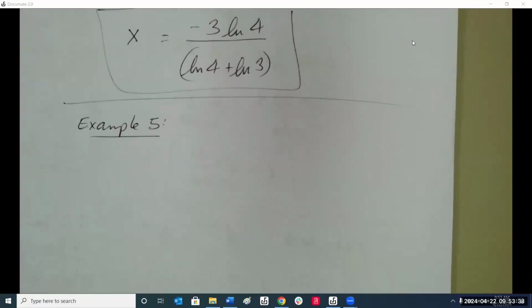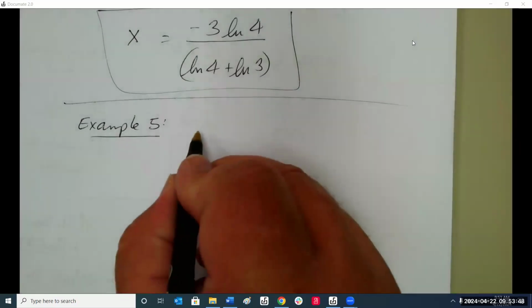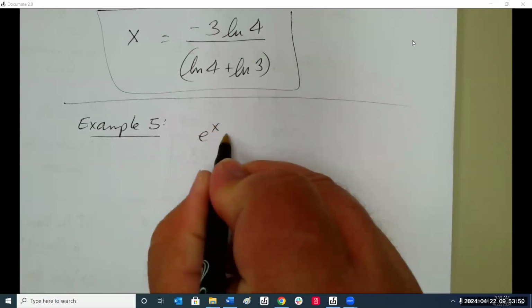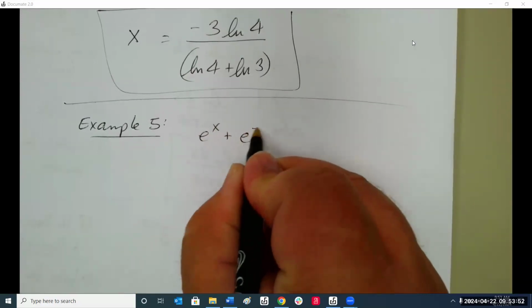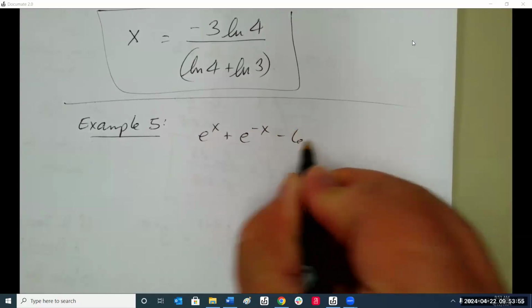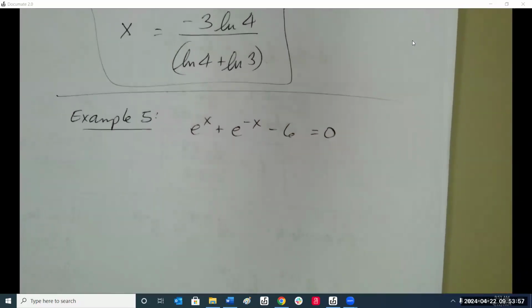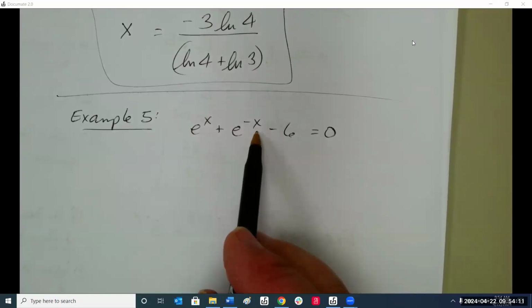Example 5. So what do you think we do here? We have a negative exponent here.